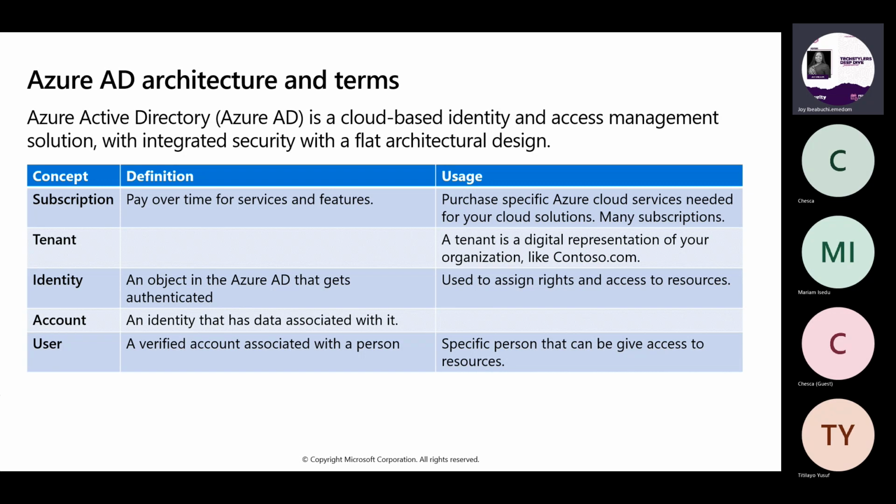So a tenant is what digitally represents your organization, right? And then your identity is now the users that you are going to assign rights and access to in that tenant. A user is an account that is specific to somebody. So it can be a one-on-one user mapping, or a service account for an application.